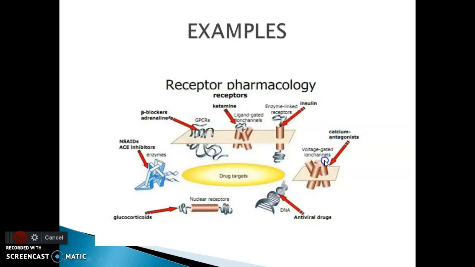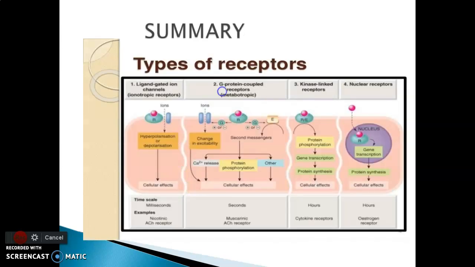Calcium antagonists generally bind with voltage-gated ion channels. For antiviral drugs, the DNA can be a target, and glucocorticoids interact with the nuclear receptor. So these are the different drug targets. They can be enzymes, channels, GPCR, and intracellular receptors. This is how the drug binds with the receptor and elicits a pharmacological response.